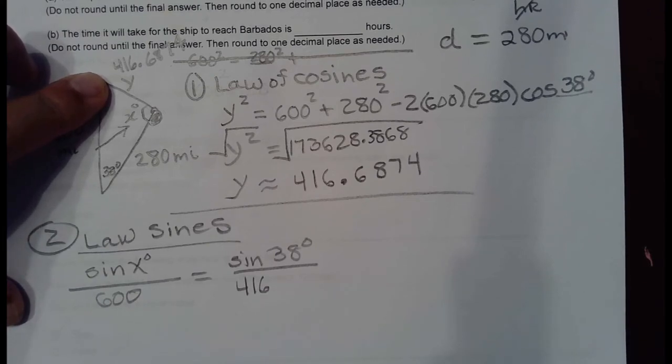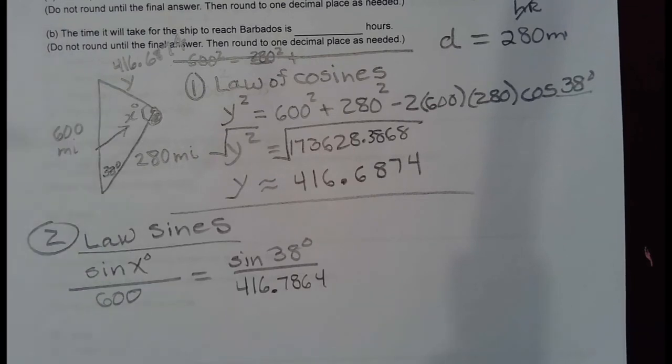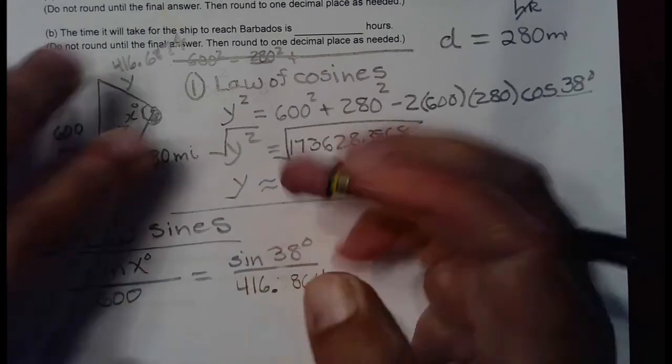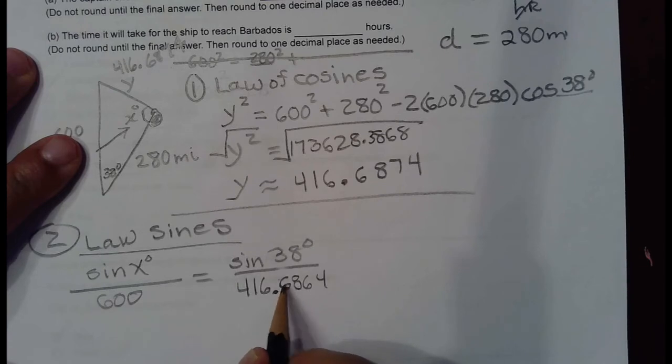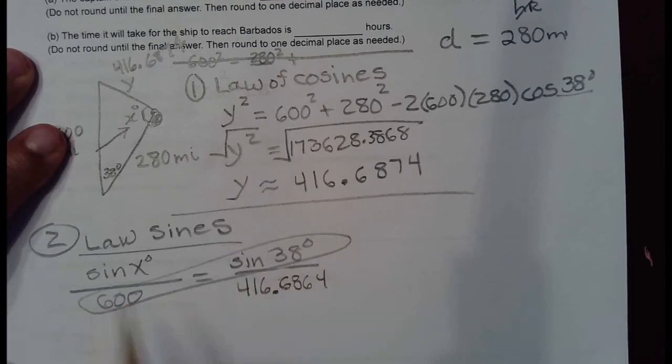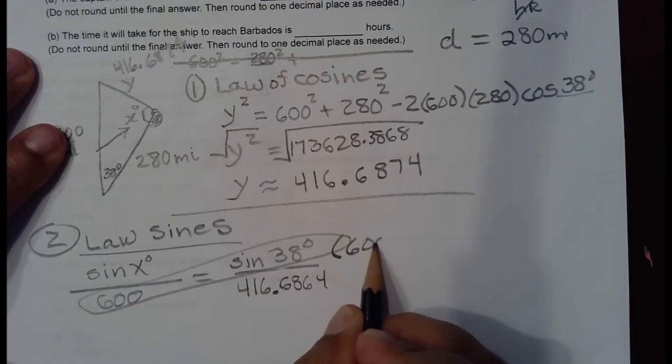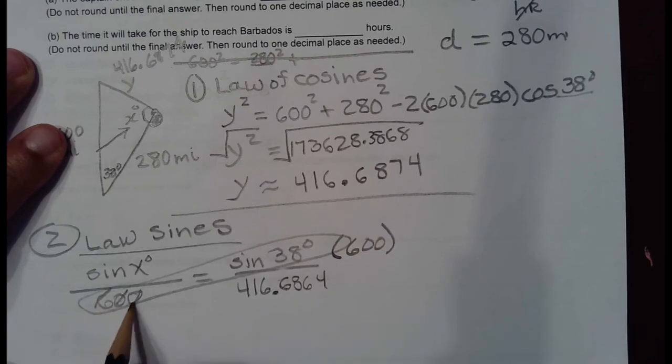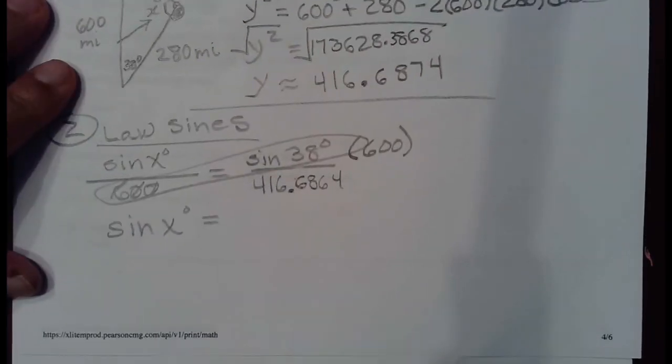So sine of 38 times 600 divided by 416.6874, and that is 0.8865.